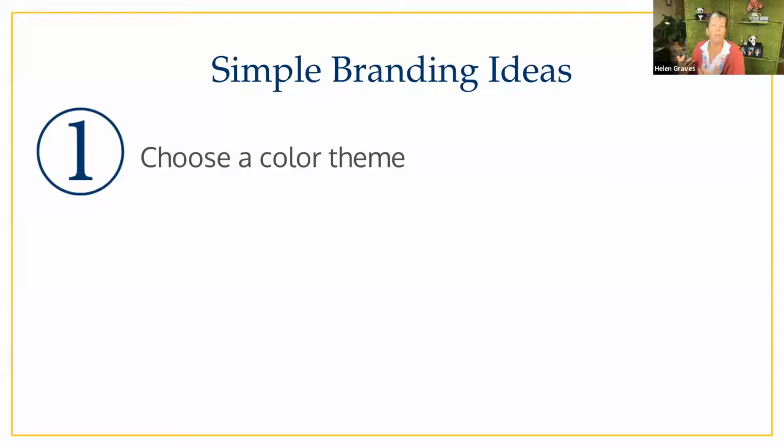When we're talking about choosing a color theme, it's more like your headings might be the same color. I'm going to show you some examples and you'll see what I'm talking about. The general rule of thumb is 2 main colors and maybe a 3rd color for accents.